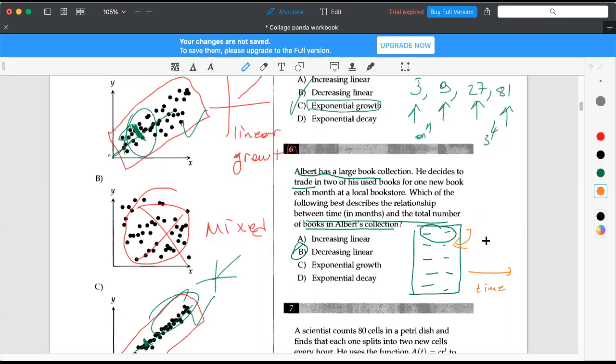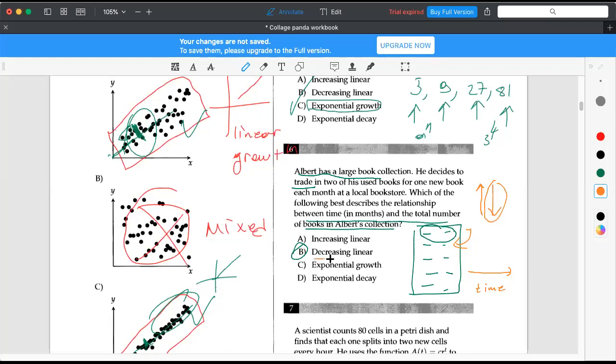That means the number of books is decreasing. So time is increasing, but the number of books in the library is decreasing. This is better: when the time is increasing, the number of books is decreasing.